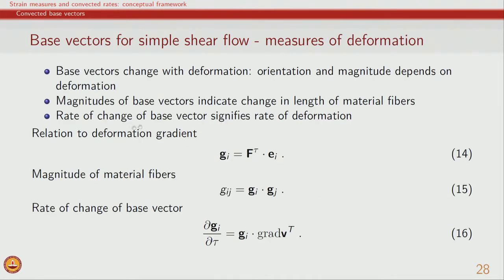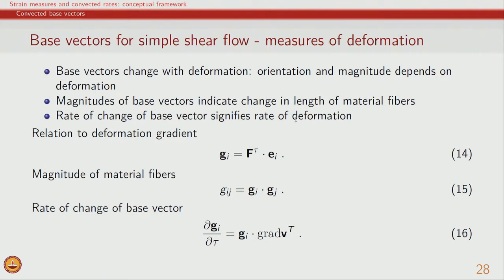Now, the other thing which we can summarize is that base vectors are already changing with deformation, and therefore their orientation as well as magnitude depends on deformation, and the magnitude of base vectors indicates change in length of the material fibers. The last question that we can look at is what happens to the rate of change of a base vector.